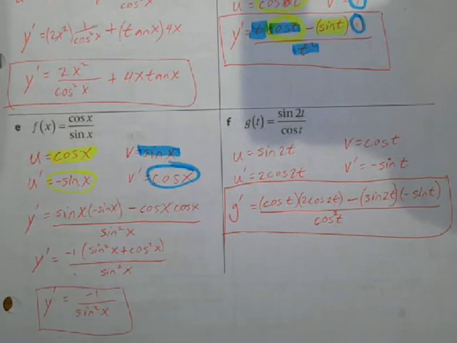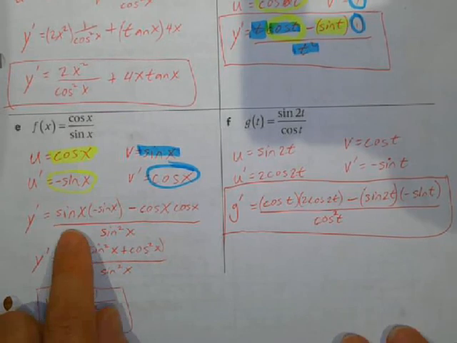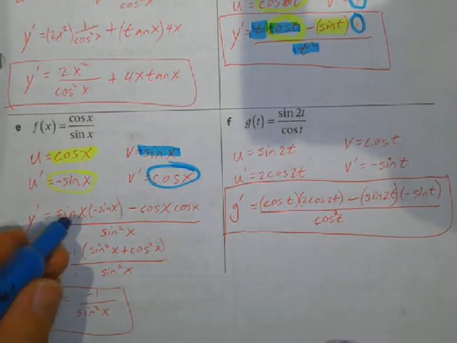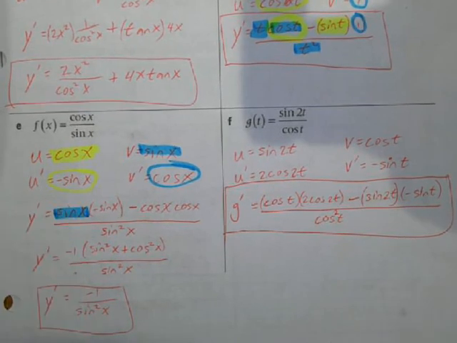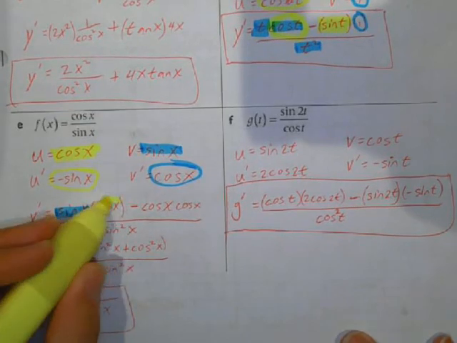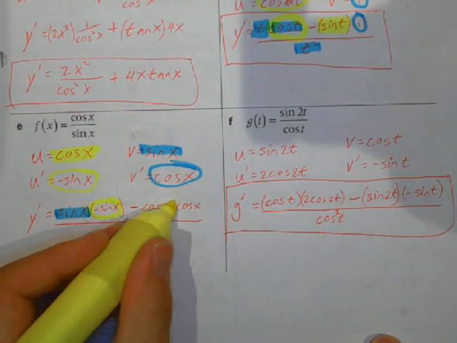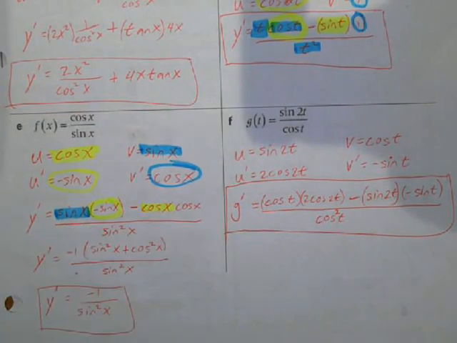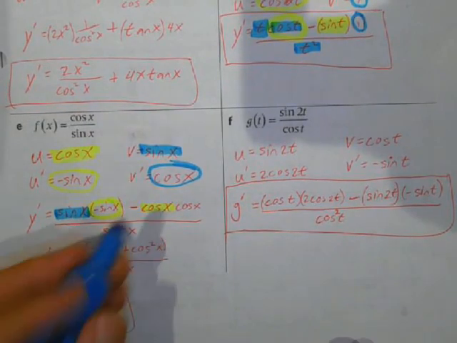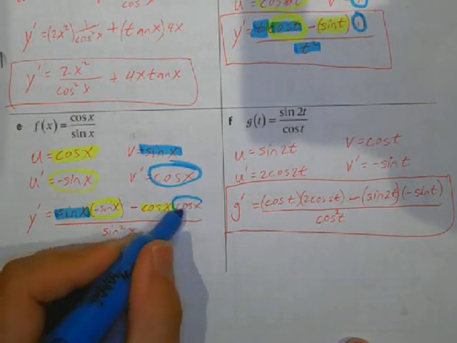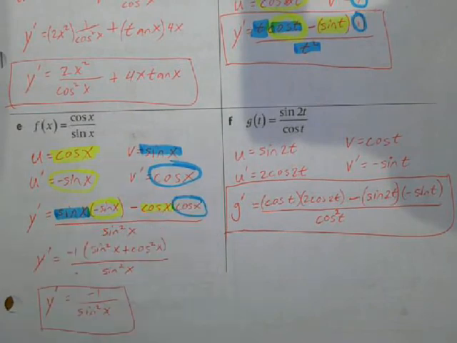Okay, so here's the quotient rule. So we've got v times the derivative of u minus u times the derivative of v divided by v squared.